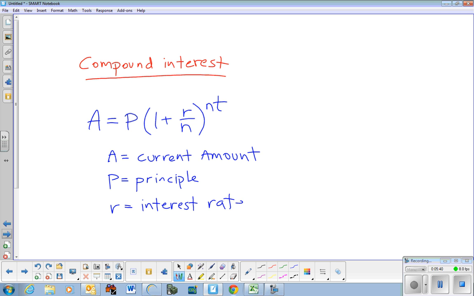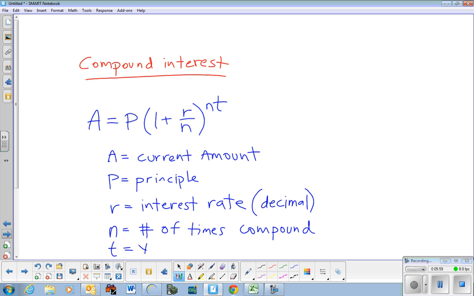If the bank's going to pay you 5%, you need to make it a decimal, so 0.05. N is the number of times a year that they're going to compound your interest. Explain what that means in a second. And T is time, or how many years.